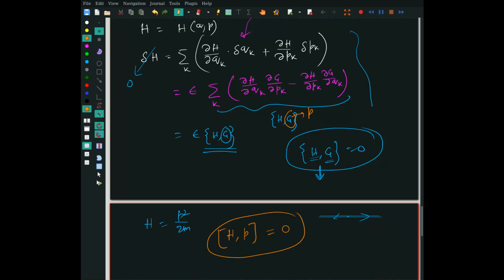Okay, so this is a restatement of Noether's theorem in classical mechanics: if there is a symmetry, where you change your coordinates in a certain way, and your G generates that coordinate transformation, then the Hamiltonian should commute with the corresponding generator of the transformation.